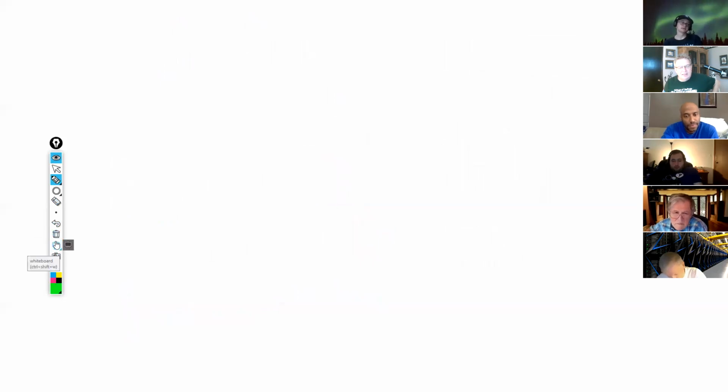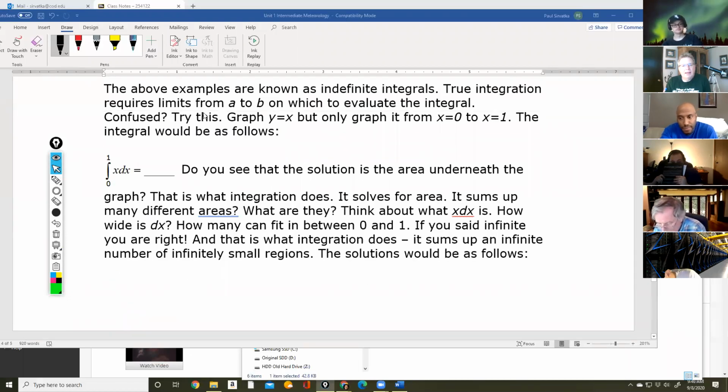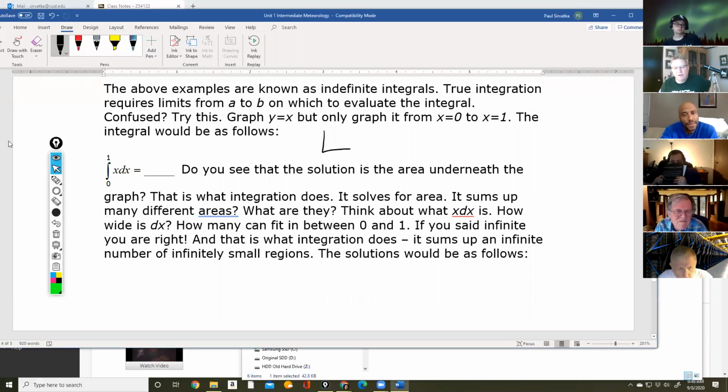Let's go back to this. And I said graph y equals x from x equals 0 to 1. And this becomes pretty straightforward. I'm looking at the area underneath the curve.